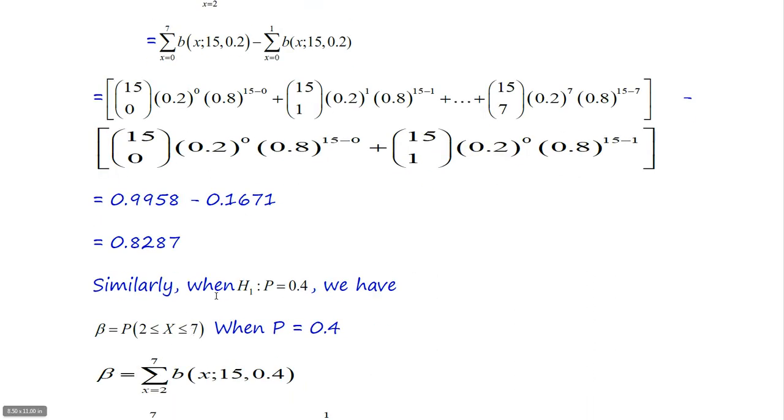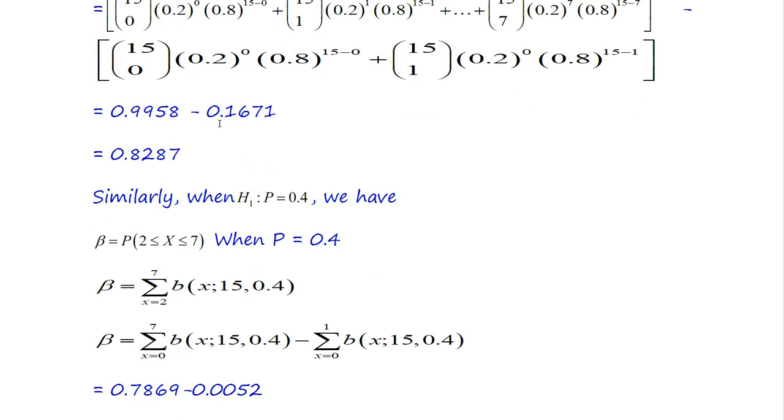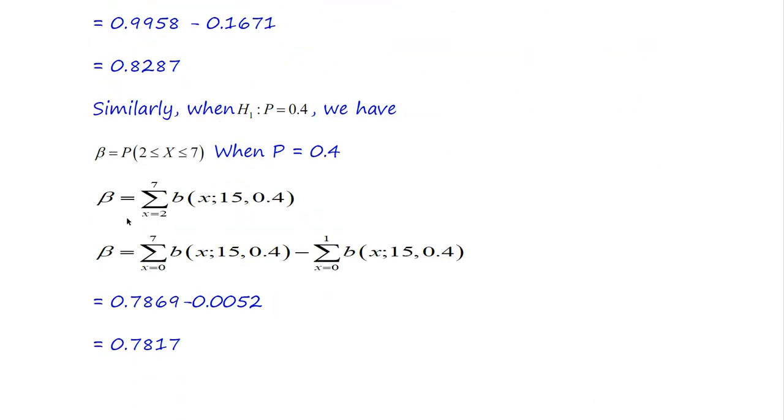Similarly, when H1 is p equal to 0.4, the same procedure is followed as we discussed here, only here p is 0.4 and q is equal to 0.6, and you get the answer beta is equal to the probability of x from 2 to 7. B is for binomial distribution.